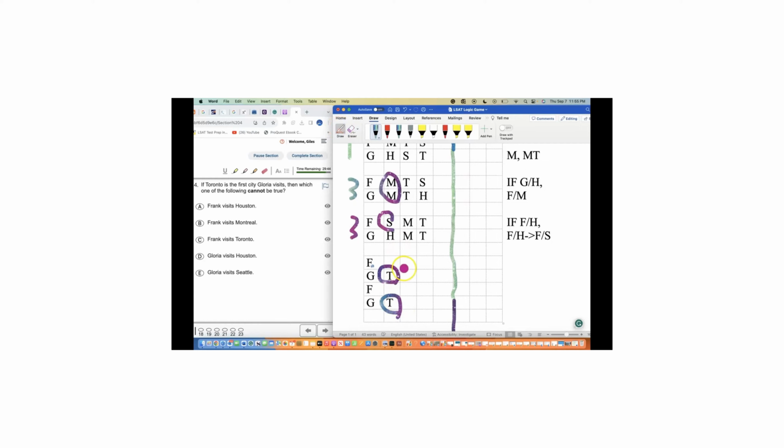Which one cannot be true? So technically I can't put Montrose in Toronto here because, well, let's see what we could do. Alright, well if that's the case, then we're going to put M here.